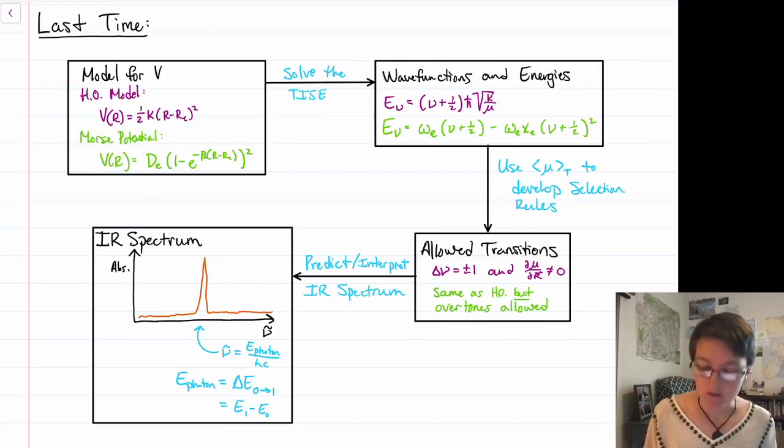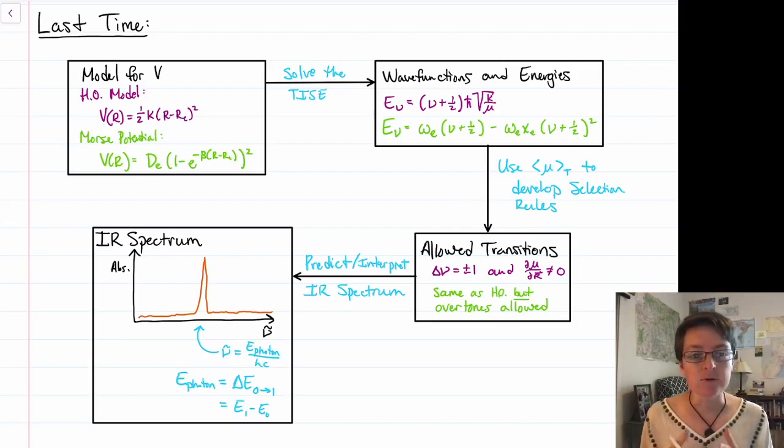Where we started was that if we want to understand vibrational transitions, we have to have a model for the potential energy that describes a sort of bond vibration. In our lecture series, we came up with two such models.